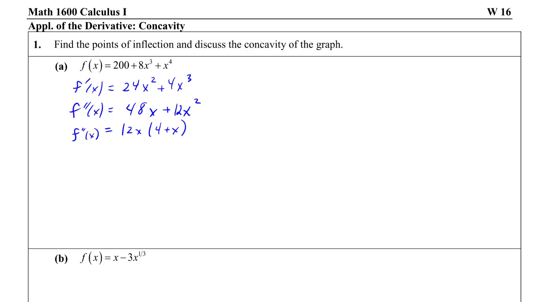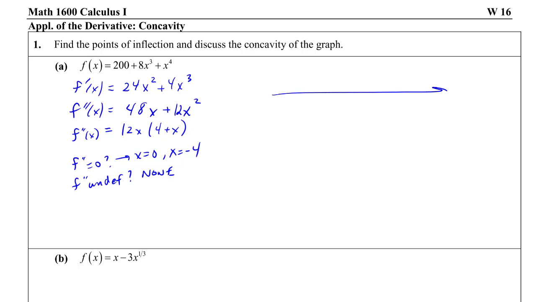All right, then we look to see where the second derivative is 0 or where the second derivative is undefined. It's 0 when x is 0 or when x is -4, and there aren't any places where the second derivative is undefined. So I go to my number line, and I would put -4 and 0. Start plugging in numbers.